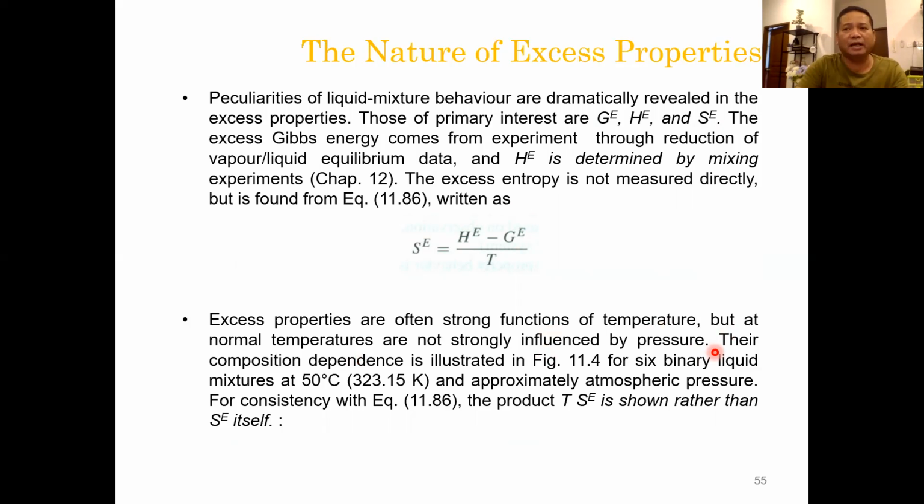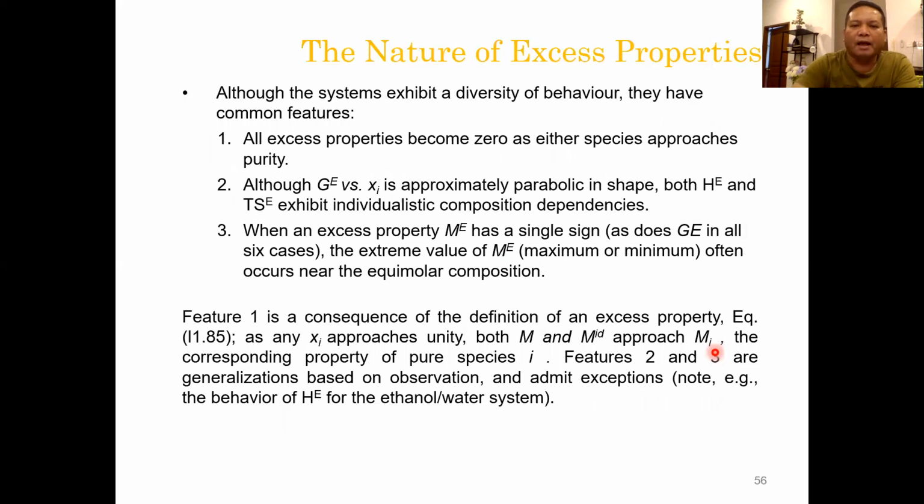We already defined that in liquid form, pressure does not affect the properties much, but the temperature does. But if the temperature is very high, higher than the critical temperature, then pressure does affect the solution.